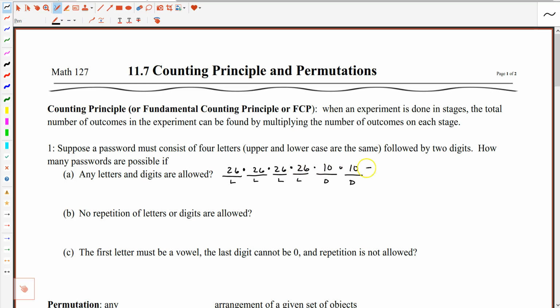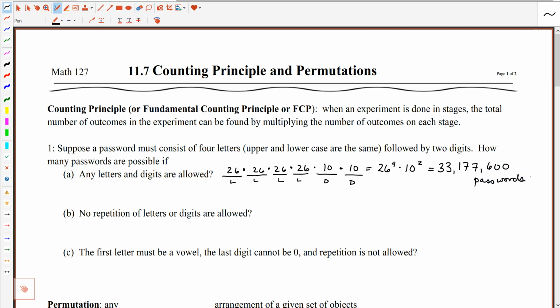That's what the fundamental counting principle says. So the shorthand version for this would be 26 to the 4th power times 10 squared. So if you actually wanted to figure that out, you could plop that in your calculator. You would get 33,177,600 possible passwords. So quite a few.